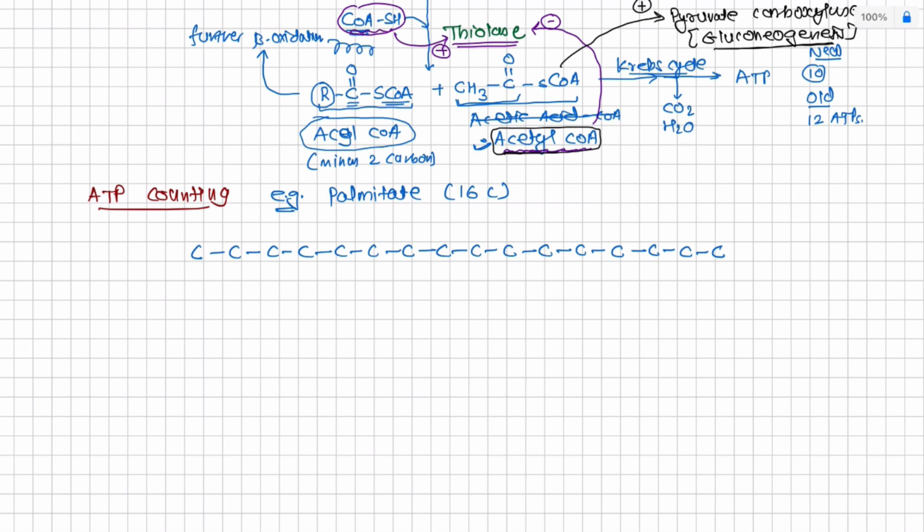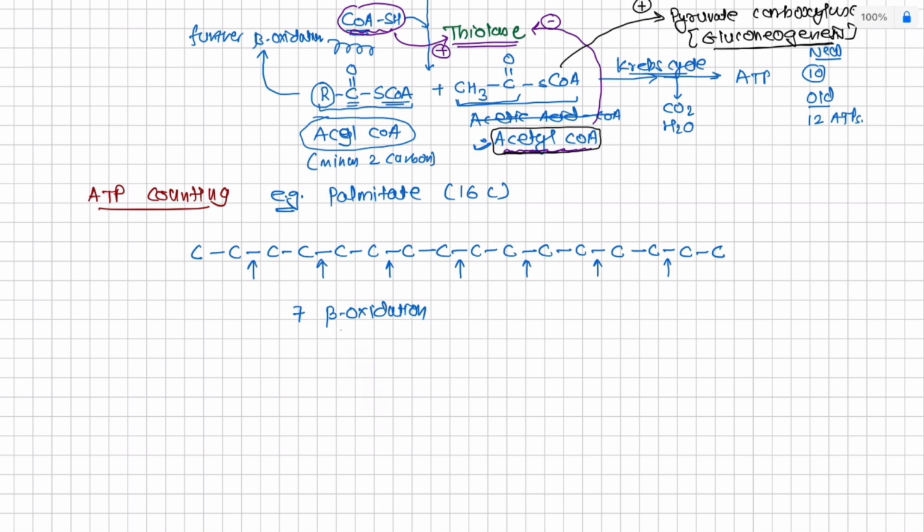We know that with each beta oxidation, 2 carbons are lost, right? So how many beta oxidations will there be? The first beta oxidation will break down this bond, then the second, third, fourth, fifth, sixth and seventh. So a total of 7 beta oxidation cycles occur.